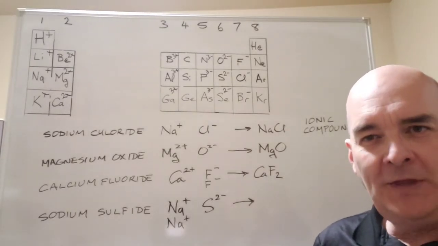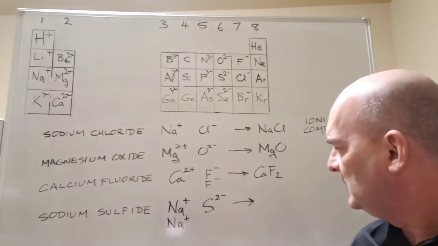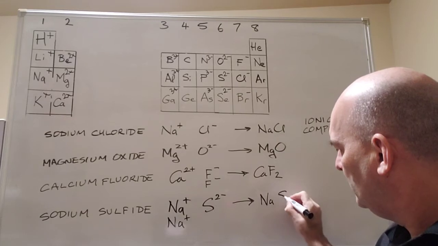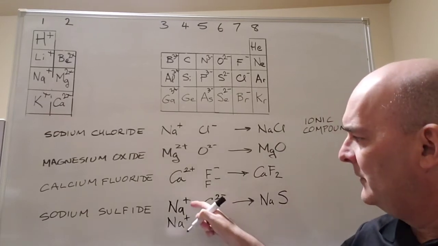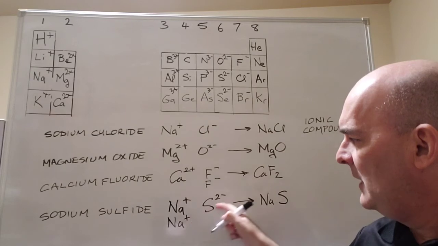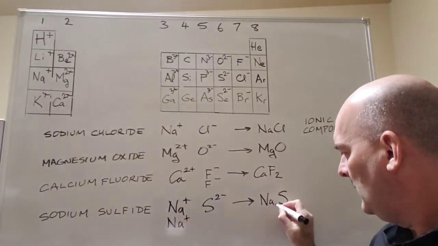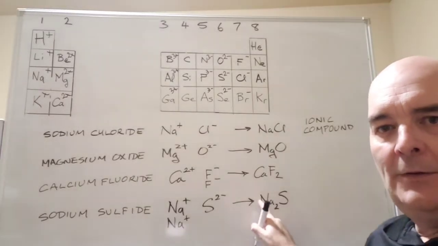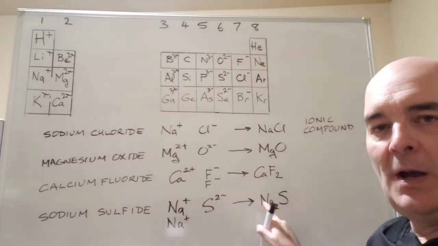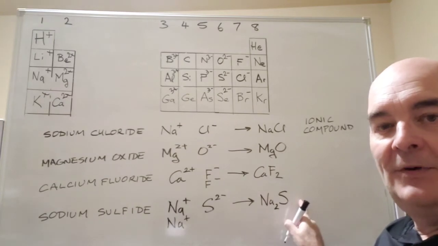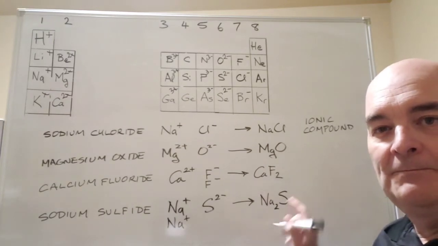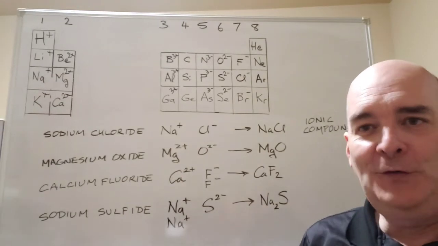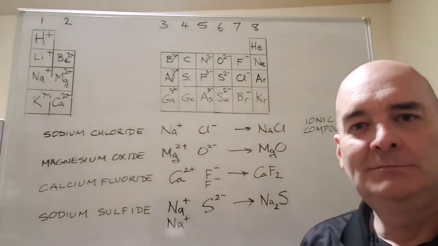And I think if we think about it hard enough, we can guess what the chemical formula for sodium sulfide would be: 2 sodiums and 1 sulfide. So I need a subscripted 2 here that multiplies the number of sodium ions by 2, but leaves the number of sulfurs alone. This is the basis of ionic bonding. And if you can do these, you can do them all.